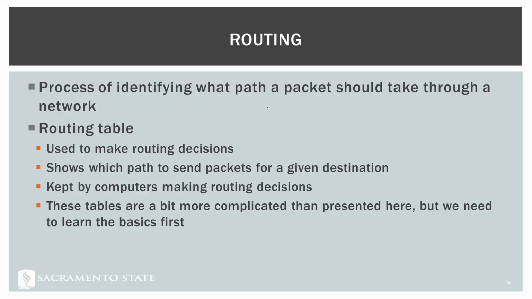So when a message comes in, it looks at that message, looks at its routing table, and goes through the rules in its routing table to decide which way a message should take. Should it go, like in the last example, to Dallas or to LA? The router makes that decision. And again, these tables are a little more complex than I'm talking about here, but I'm just talking about the basics for this particular class.